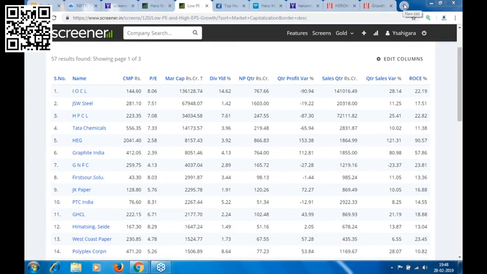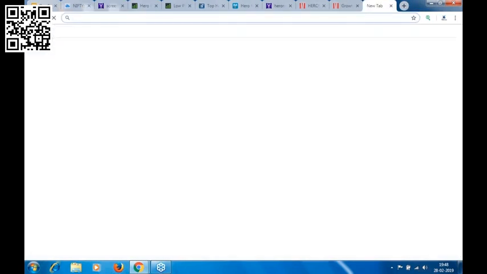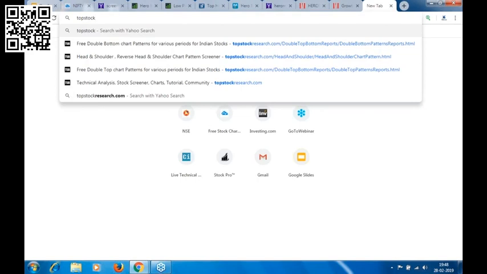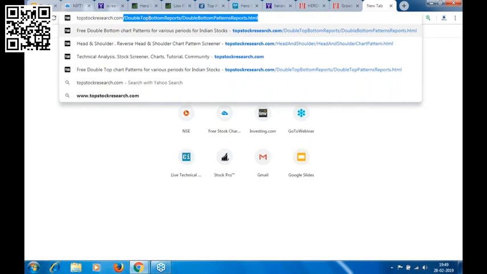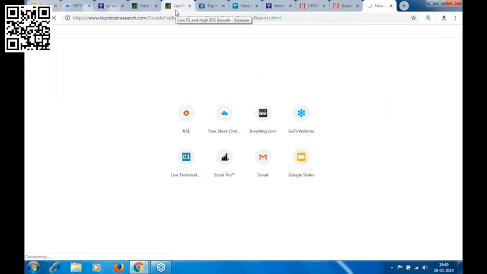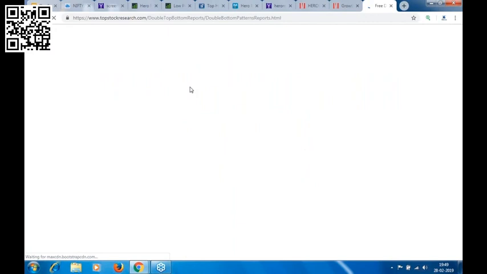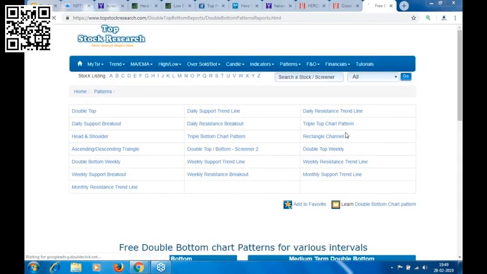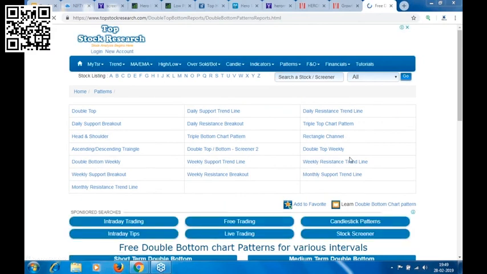Also, one more website that you can use for your technicals as well, let me tell you today, is Top Stock Research. Now this is a website that you can use for your technicals as well.